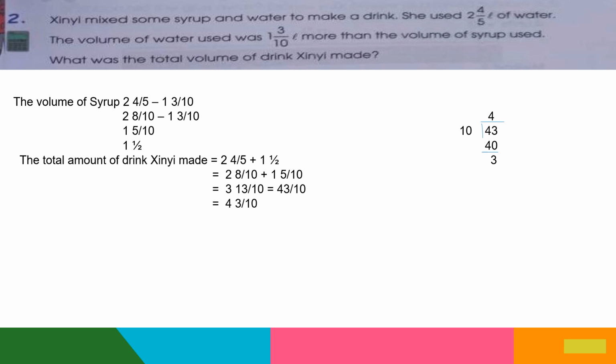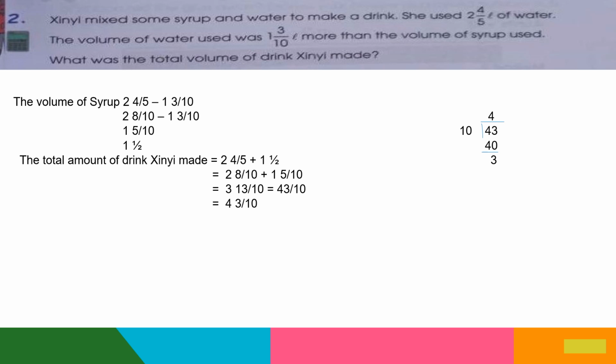So this number is going to be subtracted from the water to get the amount of syrup. To perform the subtraction, we first make the denominators the same by multiplying and dividing 4 over 5 by 2, so it becomes 8 over 10.